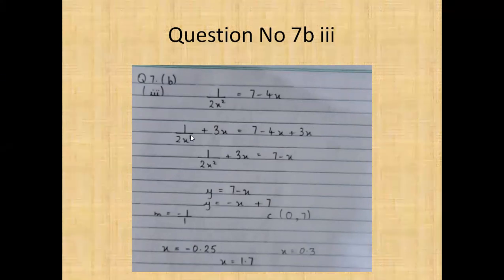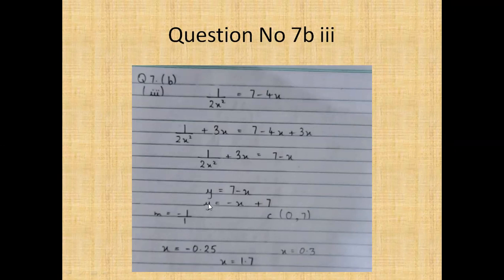Now, this has become the main graph's equation. And whatever is on the right side, you will make it equal to y. So y equals 7 minus x. So now I will draw a table for this and I will plot a line.